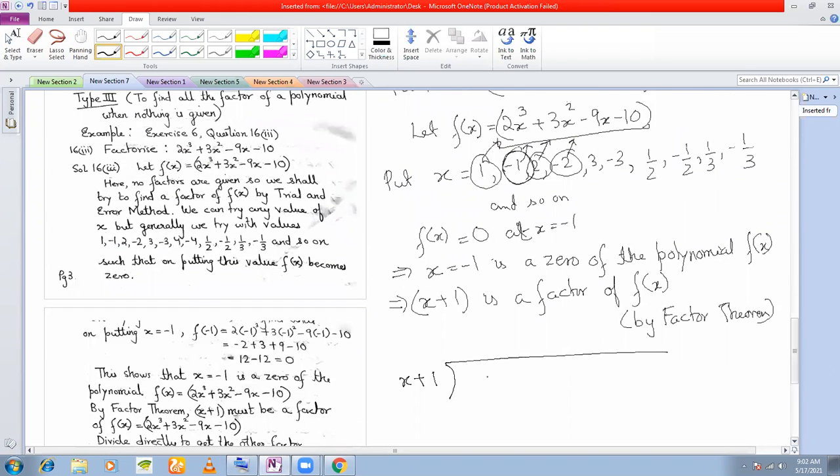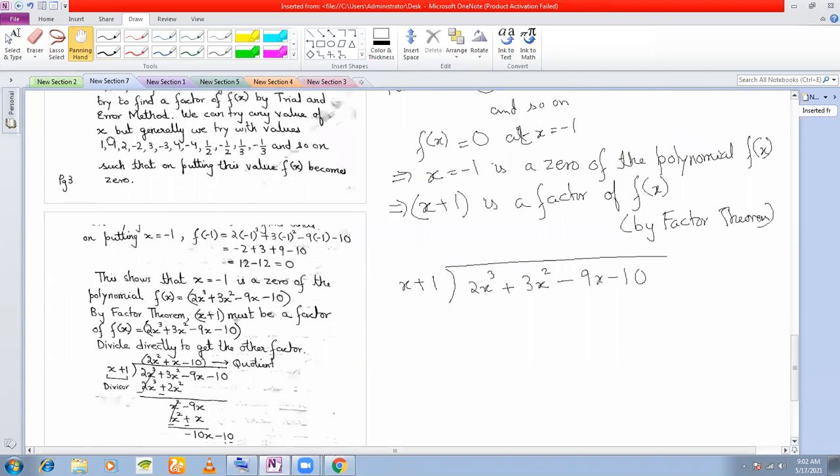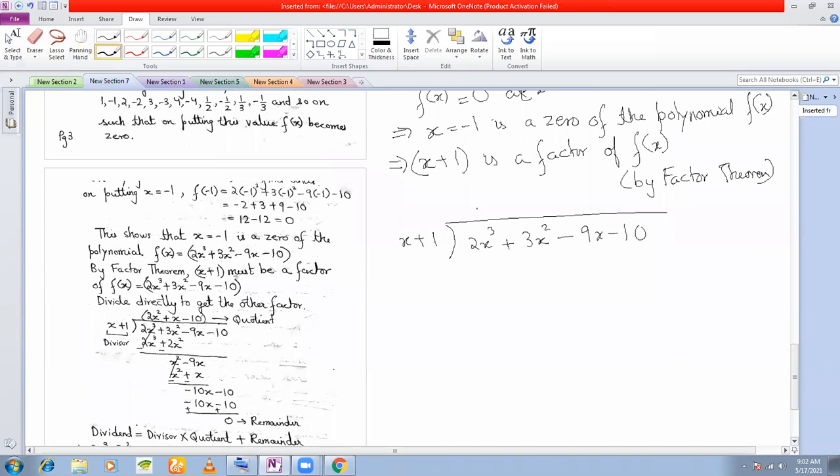f(x) here is 2x cube plus 3x square minus 9x minus 10. You divide. So you need a 2x square, and 2x square into x plus 1 will give you 2x cube plus 2x square.